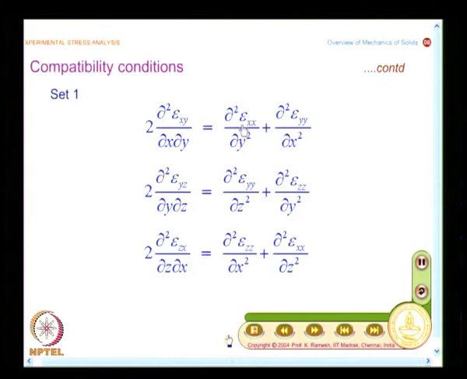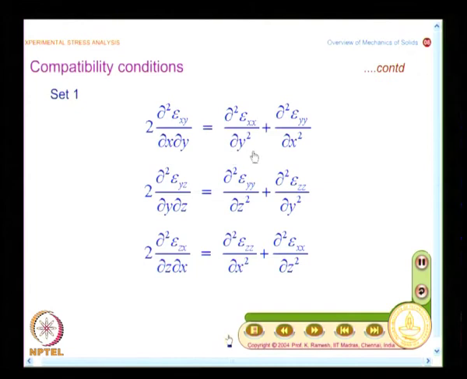If you plug in the expression for εxx, εyy and εxy, this equation will be completely satisfied. And since we are confining our attention only to 2-dimensional problems for the time being, we need only the first equation. So, this is set 1. I have compatibility condition expressed in terms of strain components.